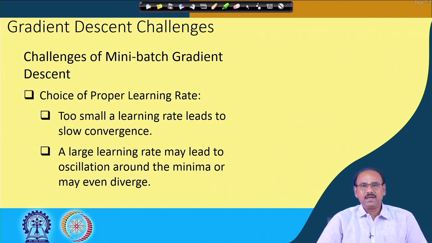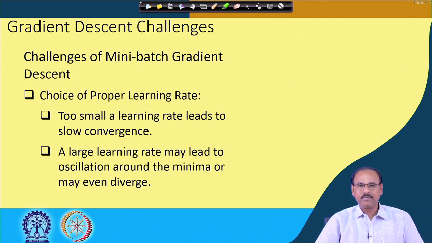Now, before that, let us see what are the challenges in the gradient descent problem. As we have said, the important challenge is the choice of proper learning rate or weight updation steps. If we choose the learning rate or weight updation steps to be very small, then the convergence is very slow.